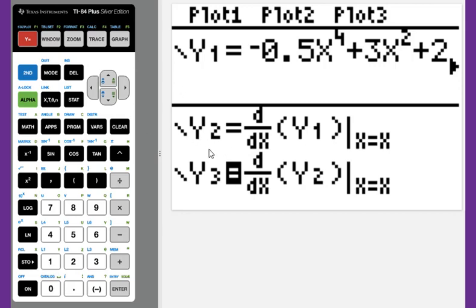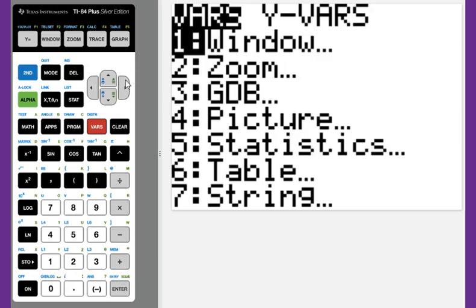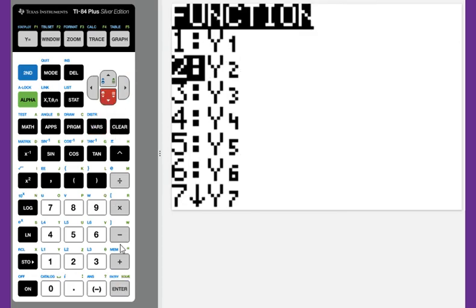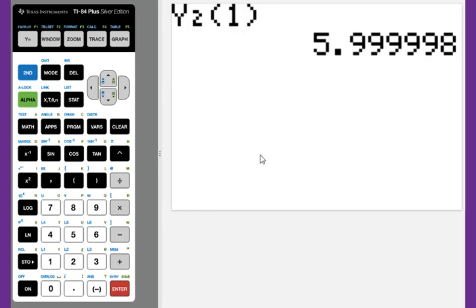We are looking for the rate of change of f at b. Therefore, we need to use the first derivative. We quit. So you can go to y variable, function, I need y2. We know x equals 1, so we press enter. That will be 6.